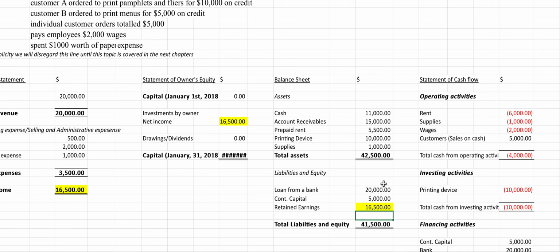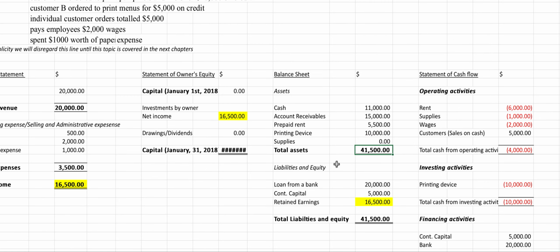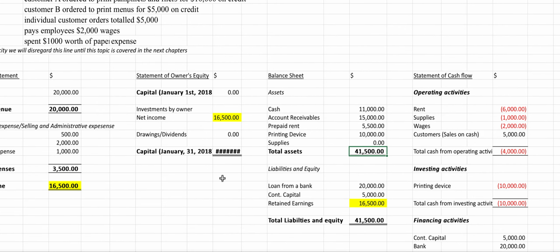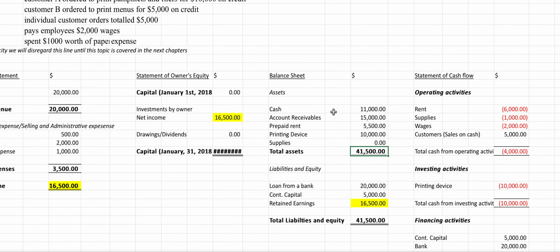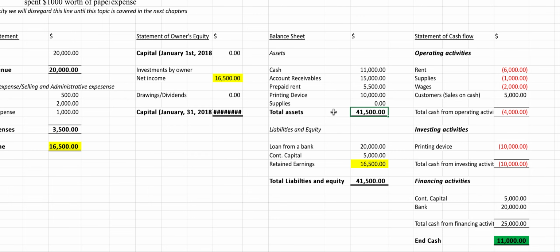We have used the supplies, which means negative equity, and we don't have an asset of supplies anymore. We had it, we used it, and so we now have zero supplies because it's all gone. So total assets equals total liabilities and equity. We have all financial statements pretty much recorded. We have an 11,000 cash balance in the balance sheet, and the statement of cash flows balance is also 11,000.